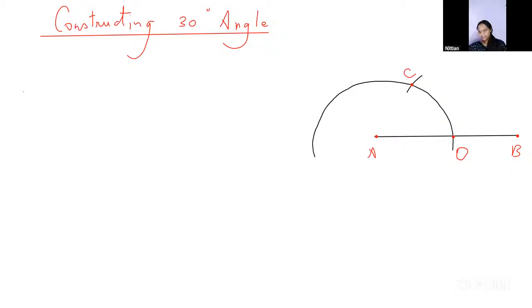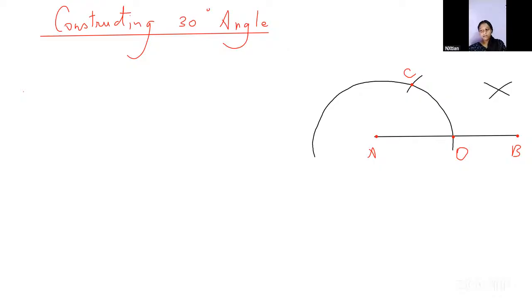Now, the next thing I want you to do is put your compass on O and cut an arc here, on the right side towards B, on the top of B. Then put your compass on C and cut this previous arc like this.